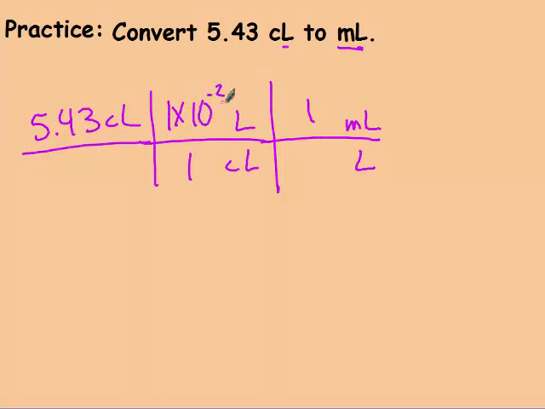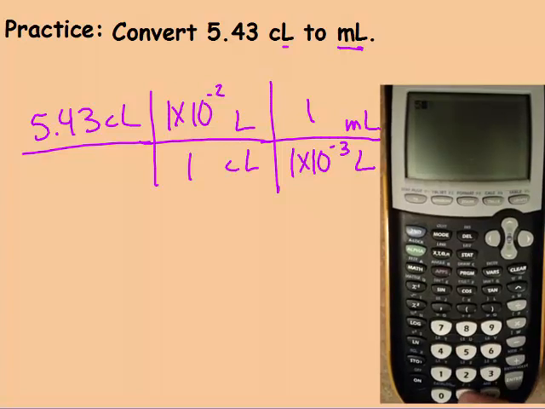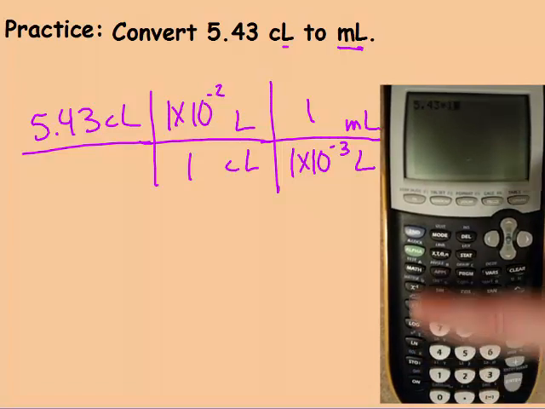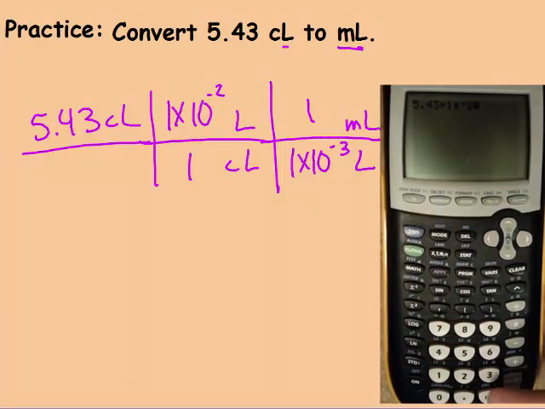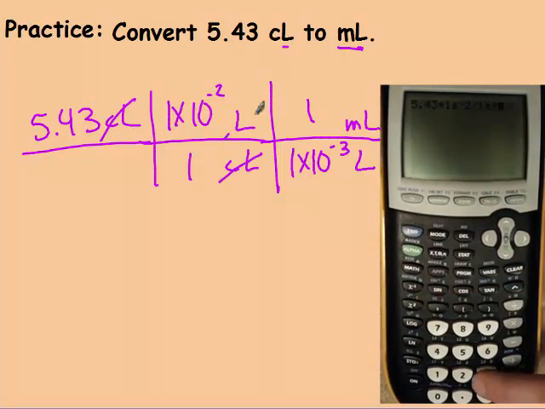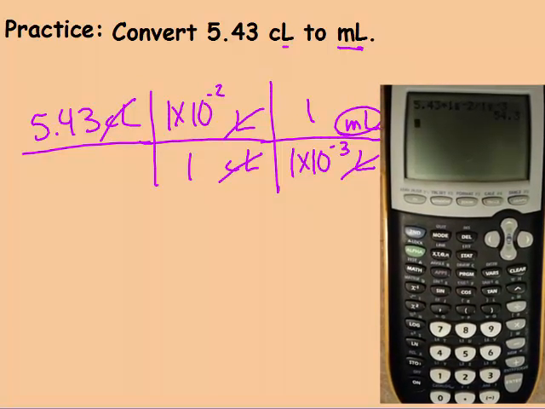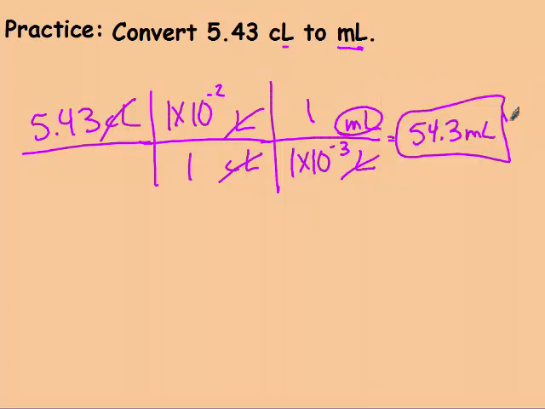Centi is 1 times 10 to the negative 2, while milli is 1 times 10 to the negative 3. Plug that in. And we get 54.3 milliliters.